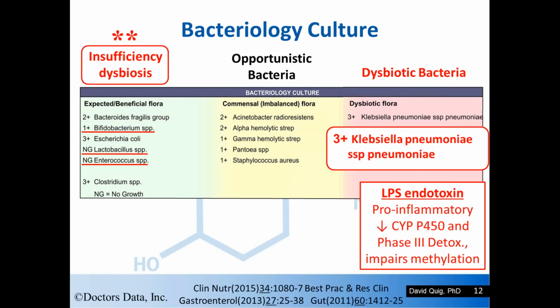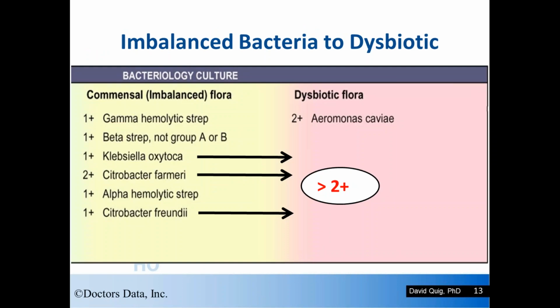Now, this lipopolysaccharide LPS endotoxin is very pro-inflammatory. It also inhibits phase 1 cytochrome P450 activities, and phase 3 efflux pumps, so detoxification is affected, and it also impairs methylation, which we will discuss at a later date.